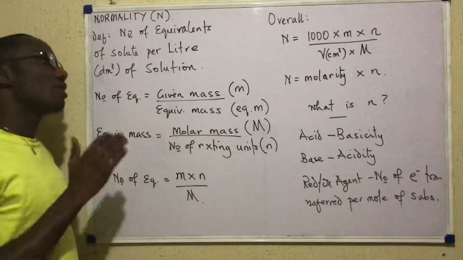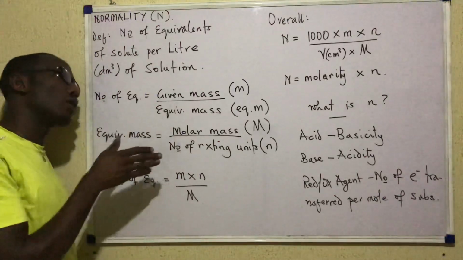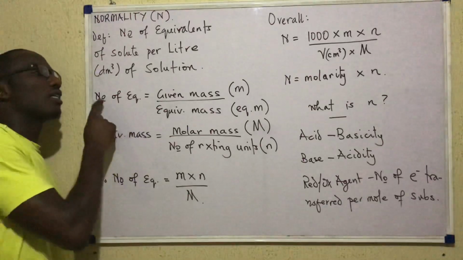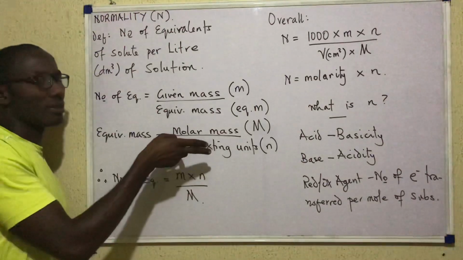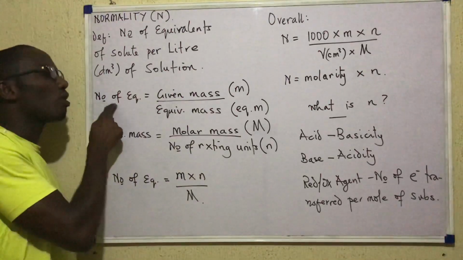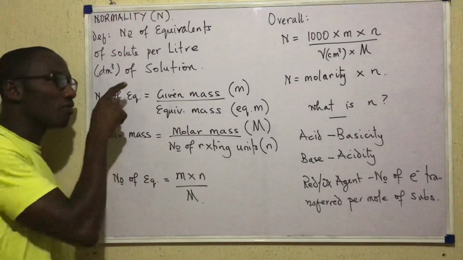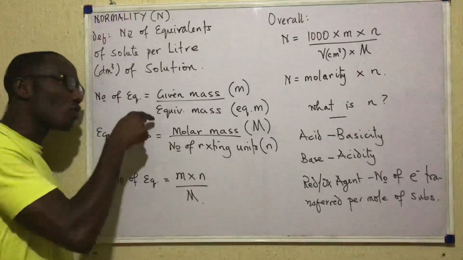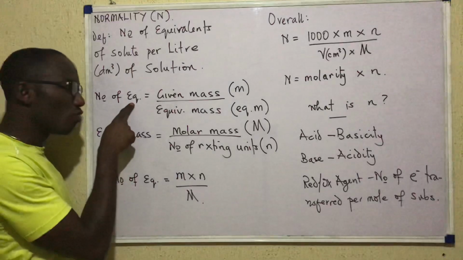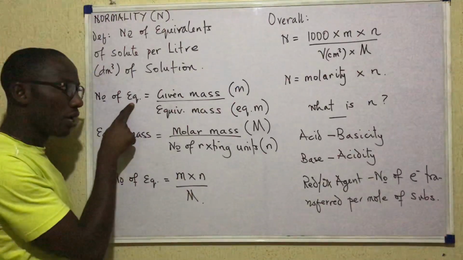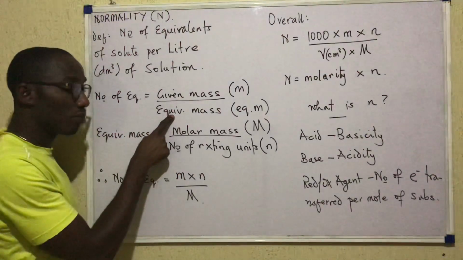Now, if you remember the basics of mole, number of moles is given as mass over molar mass. But in this case, number of equivalents is given as mass over equivalent mass. So it's more like we are saying you could remove equivalent here and put mole, and remove equivalent from there and put mole.